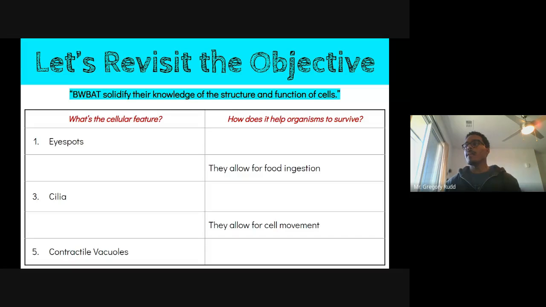And then we've got a column on the right that is asking how does that cellular feature help an organism to survive? So the first one we covered, it's called an eye spot. How does an eye spot help an organism to survive? What does it do?